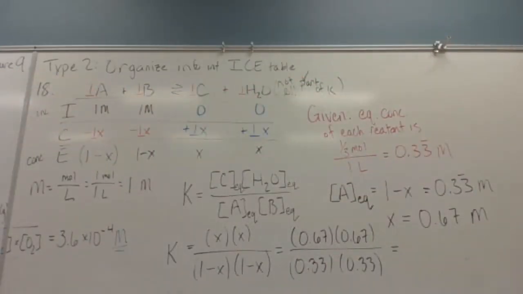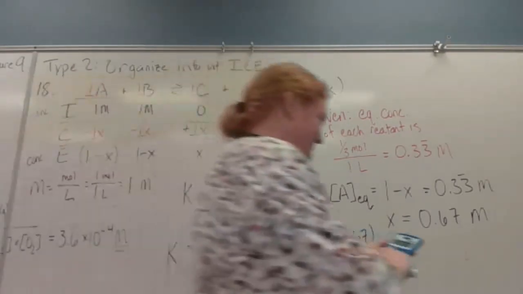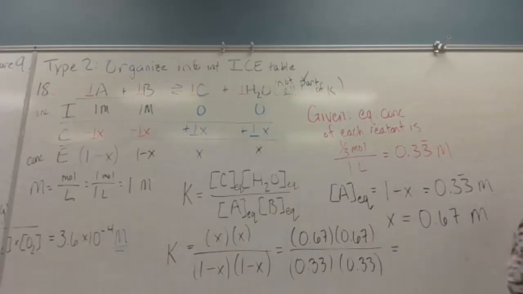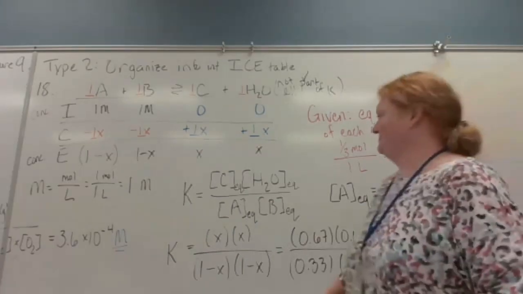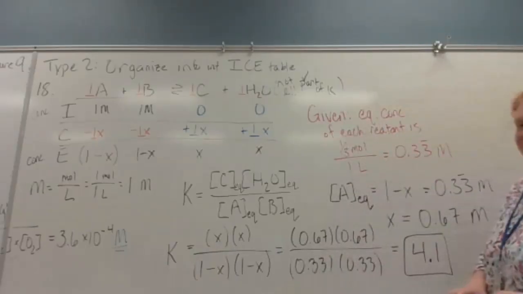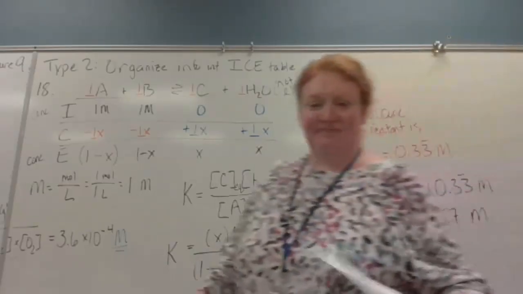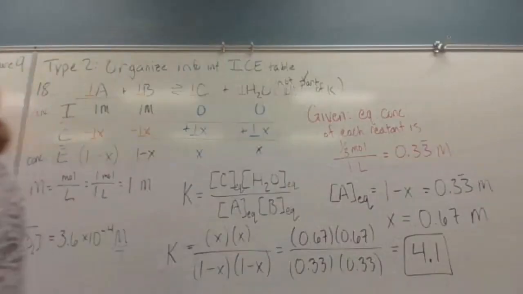I know. What is K? No units. And no units on K. All right. That's a type 2.